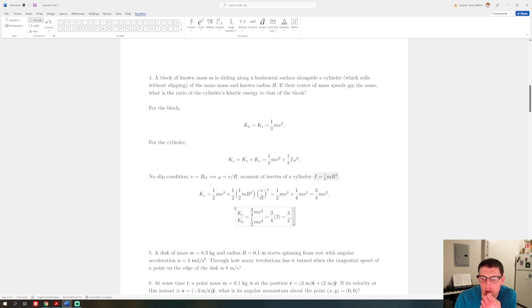And so the important thing to note about this one, I think, is that for all the common objects that we might encounter, right, we can always just write the moment of inertia as some numerical coefficient times mr squared, right? And this is what I did for the other problem. And in that way, for an object that's rolling along so that it's spinning about its own axis and its center of mass is translating, we can always come up with some expression for its total kinetic energy that just depends on some factor in front of mv squared, right?